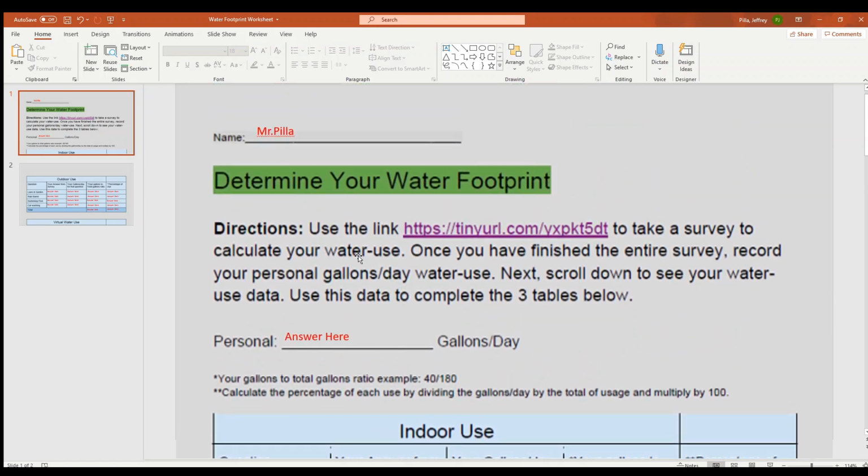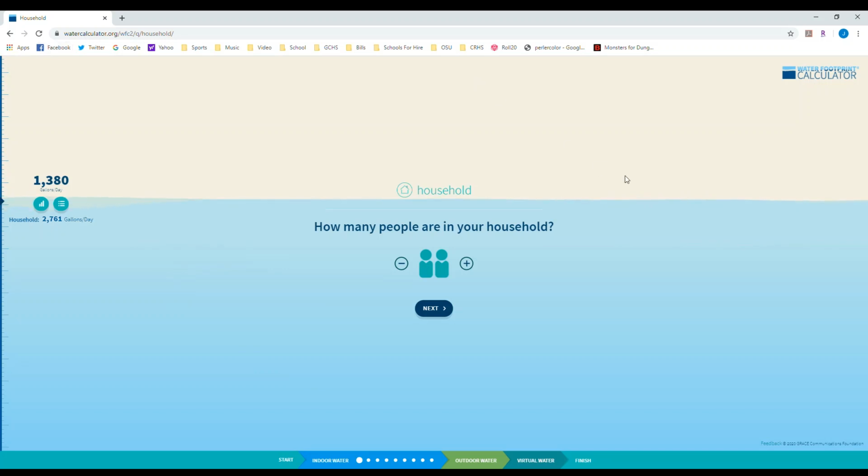So again, the first thing we have to do is use this link to take a survey to calculate our water use. So let's do that. Alright, and when you go to the website, it's going to look very similar to this. Now, I actually went ahead and completed this survey already, so it's not going to look exactly like this, but this is essentially what the website should look like, okay?